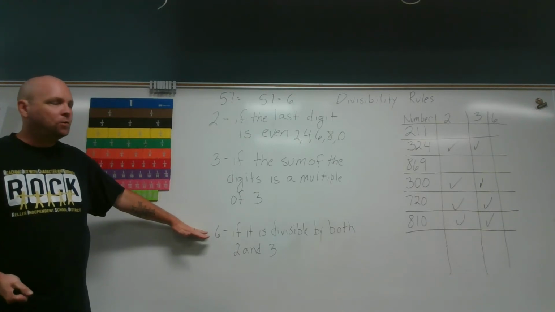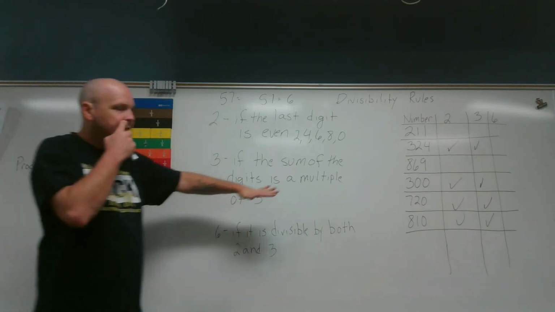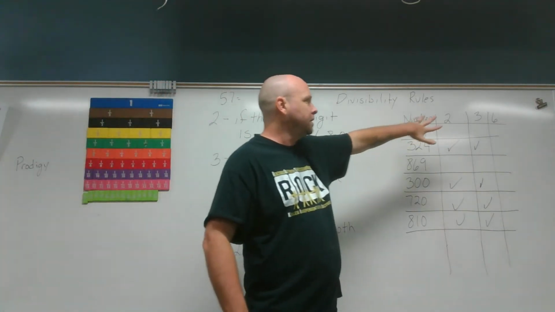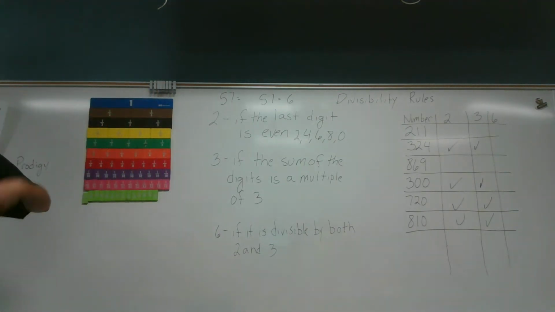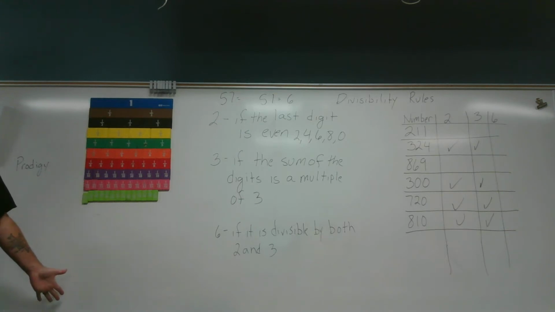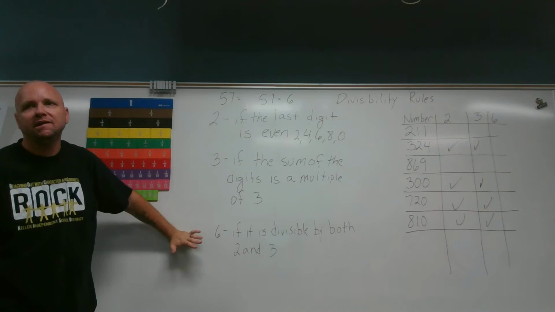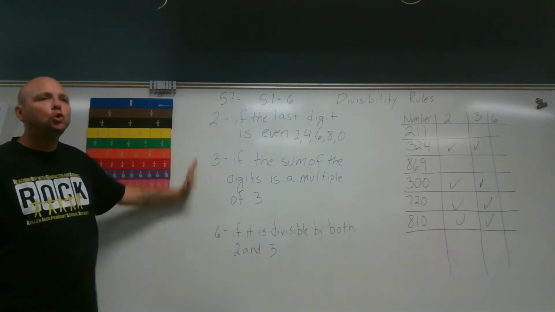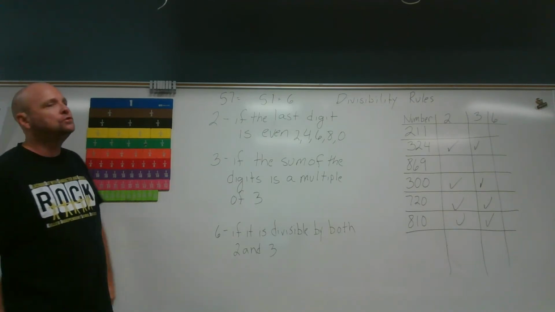In this case, all you're doing is looking at the 2 and 3. If there's a check in both the 2 and 3, then it's divisible by 6. That's one we should not miss, 2, 3, and 6, as long as we use the divisibility rules. But you have to use them.